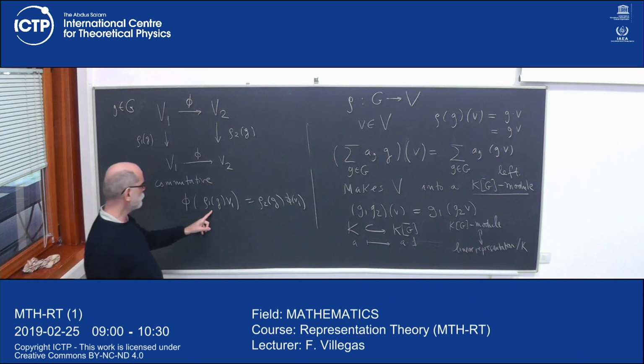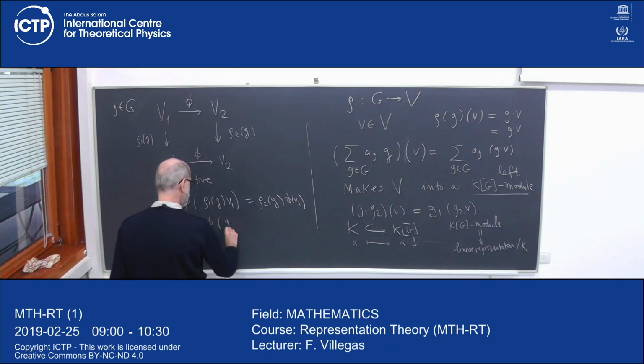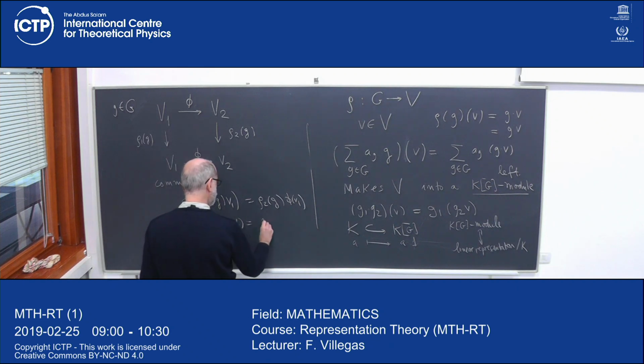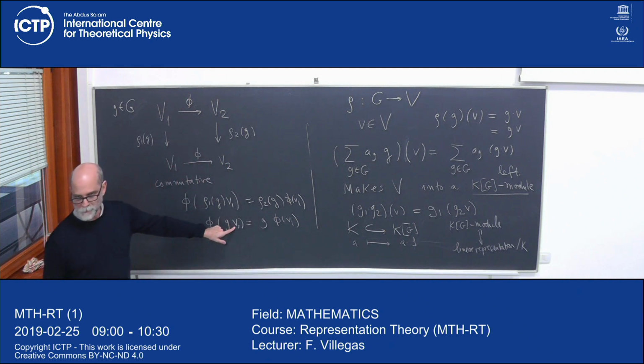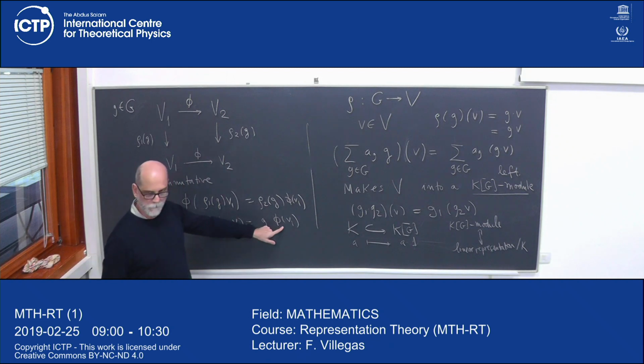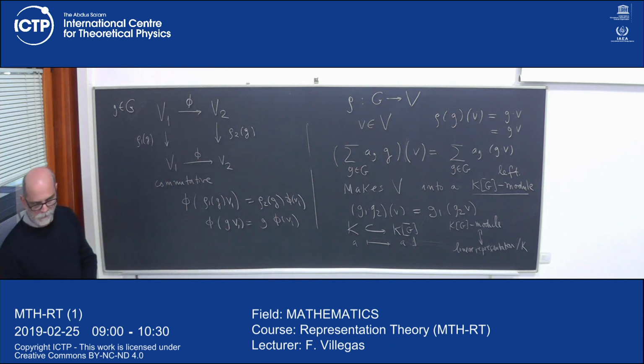So another way to say this is that if I aggregate this like this, where here G V1 means act by the representation rho 1, and here G of this means act by representation rho 2, I'm basically just saying that this map is G linear.